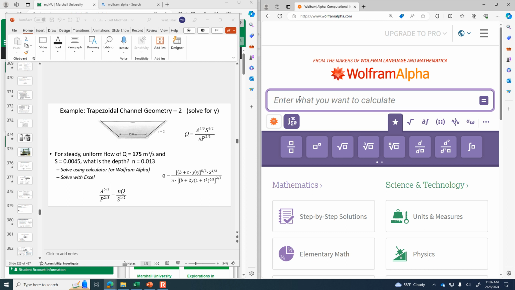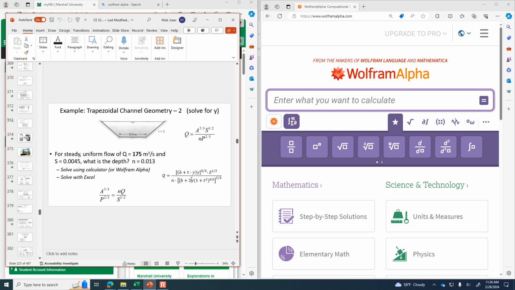I'll say we've got 175 is the flow rate, and then the way that we're going to write the area here, if the bottom width is 15, then it's 15 plus 2y, because t is 2 in this formula, and then that is multiplied by y, and then all of that is to the 5/3 power.